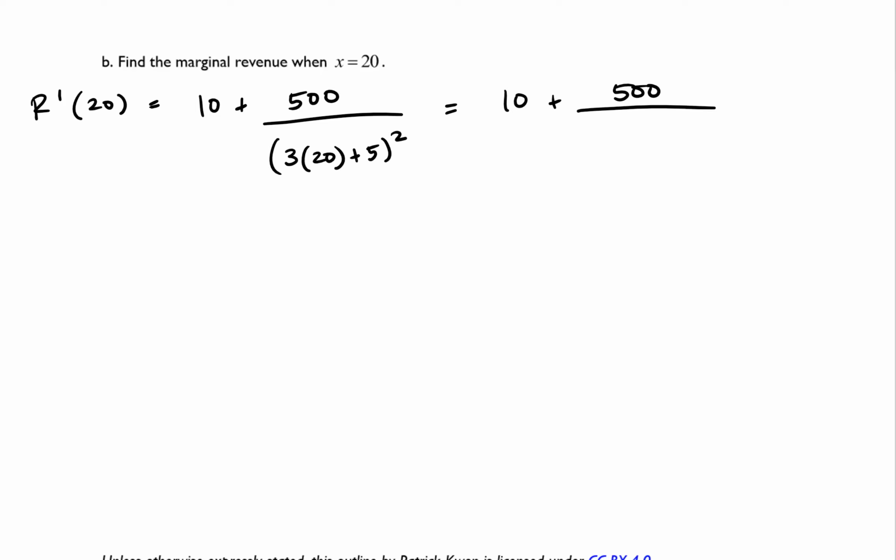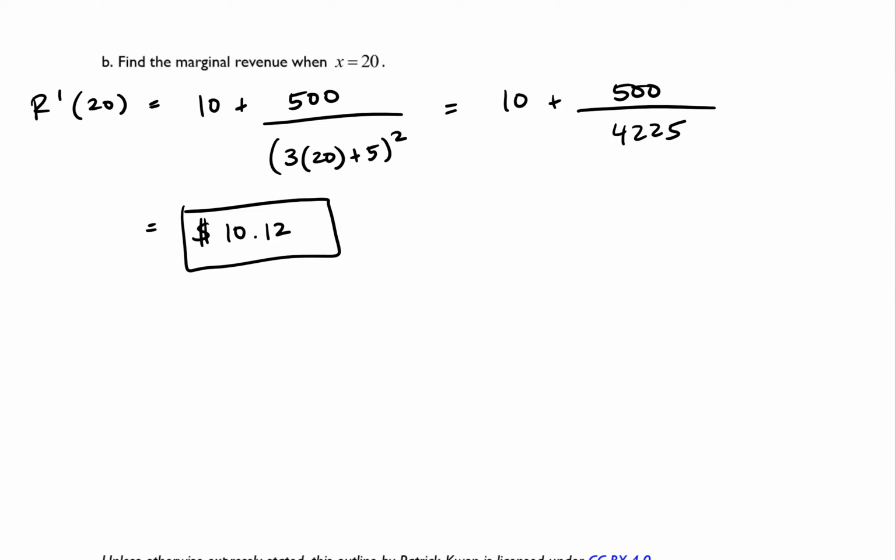And that will be 3 times 20 is 60. 60 plus 5 is 65. And then 65 squared is 4,225. So I have gone ahead and thrown that into my calculator, and we get that that is equal to $10.12 if you round that up.